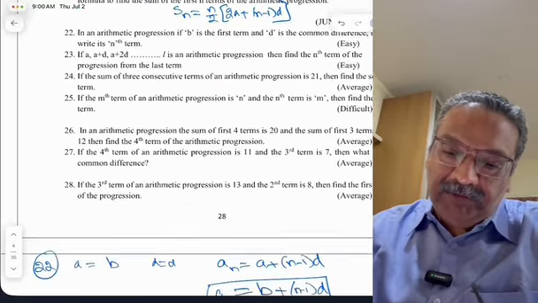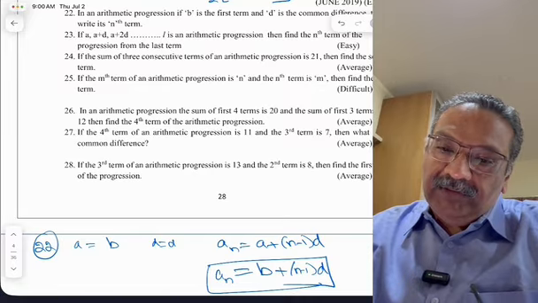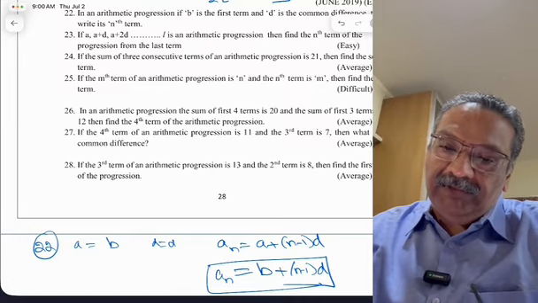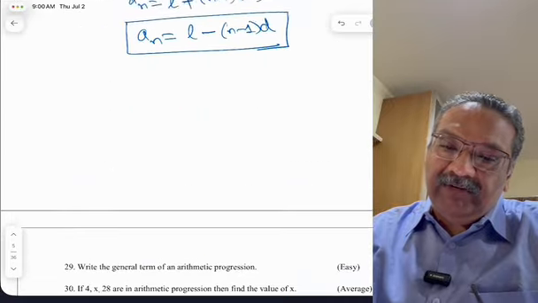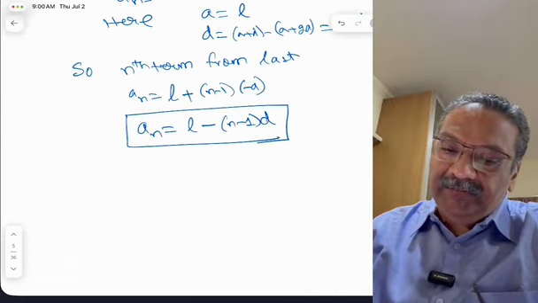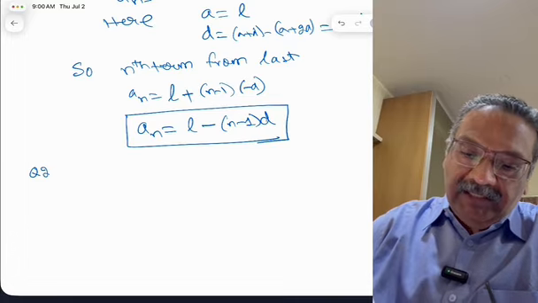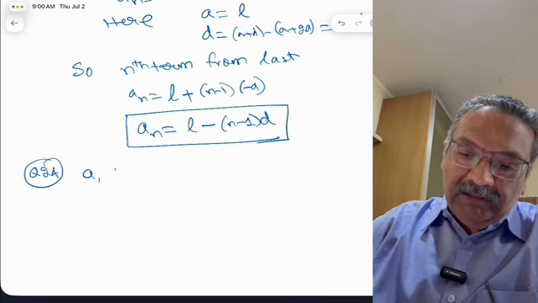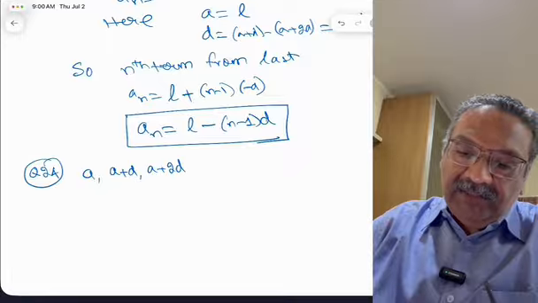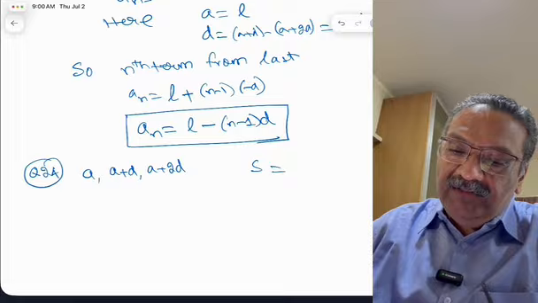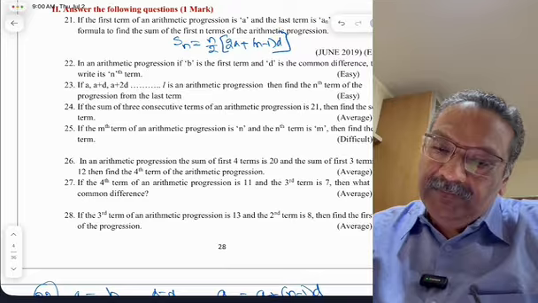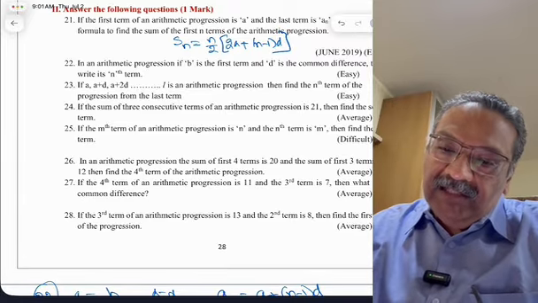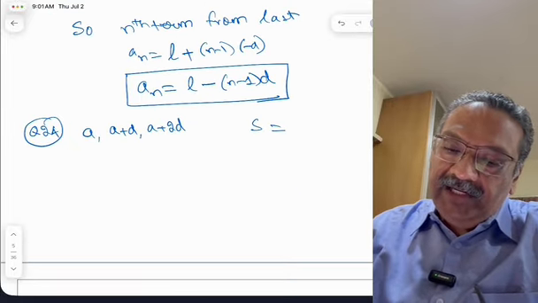24th question. Now, if the sum of 3 consecutive terms of an AP is 21, find the second term. If the sum of 3 consecutive terms, that is a, a plus d and a plus 2d, is how much? They have given 21.